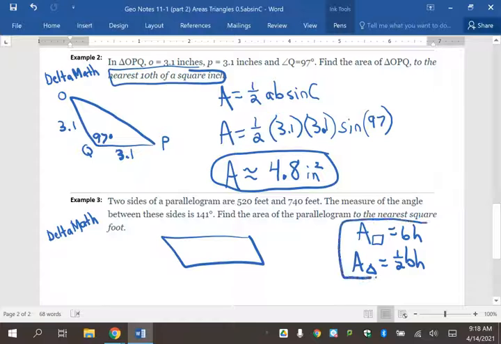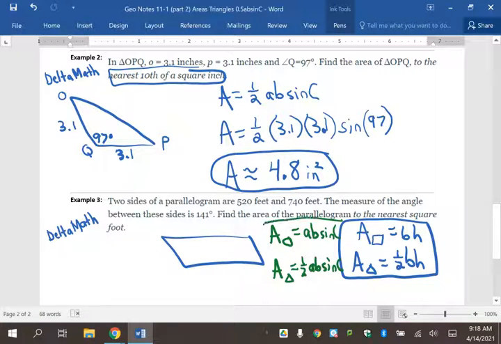So knowing this information, then we can also conclude that if we change the formula, so now I have area of our triangle is 1/2 AB sine of C, then the area of a parallelogram is twice that much, which is just AB sine C.